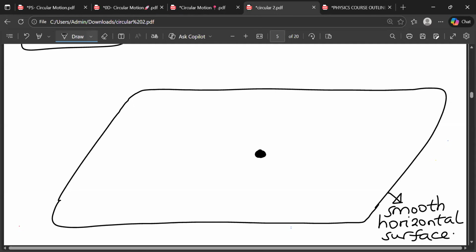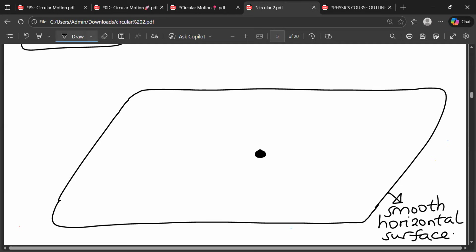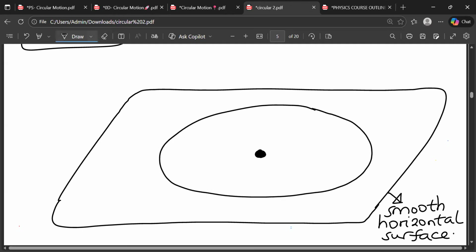So this time around, allow me to draw something a bit spherical, so that we can have enough space for showing all what we want to show. Like that. So this is our fixed point, and this is the smooth horizontal surface.